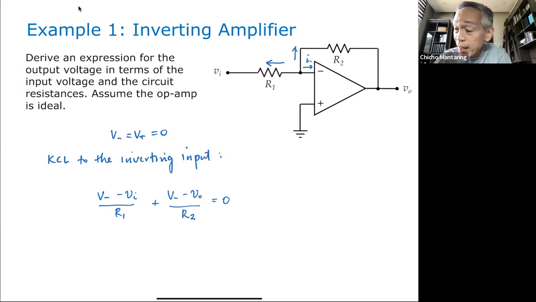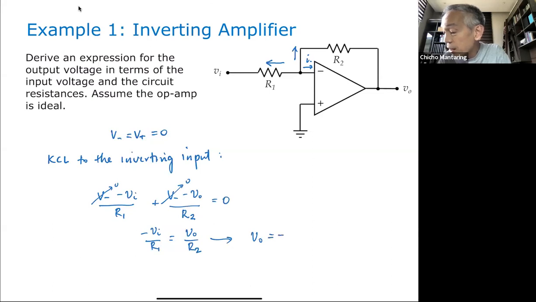But we already said that V minus is equal to 0. So actually, this is 0, and this is also equal to 0. So what do I get? I just get minus VI over R1 is equal to VO over R2, or V sub O is negative R2 over R1 V sub I.